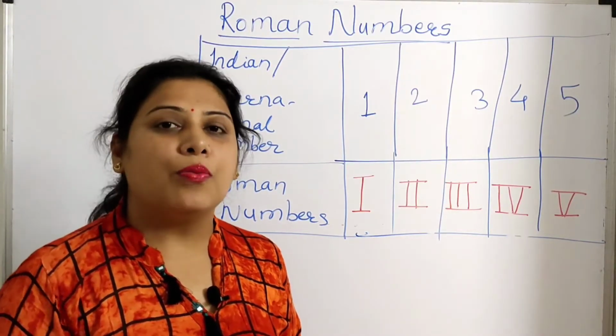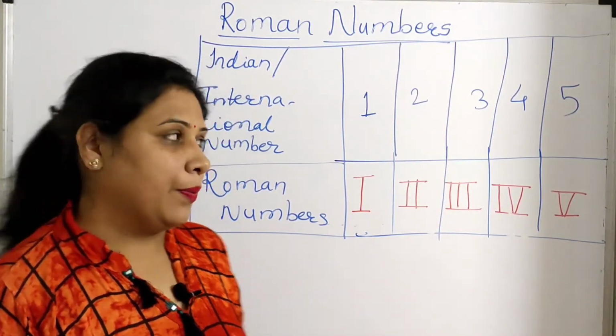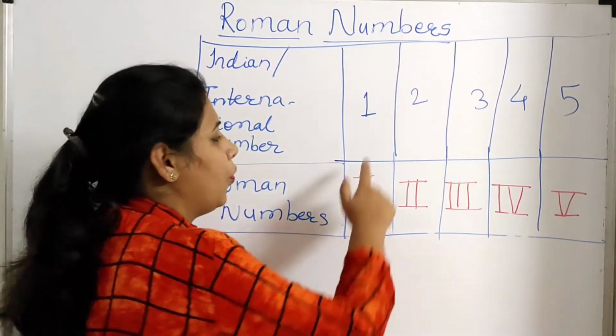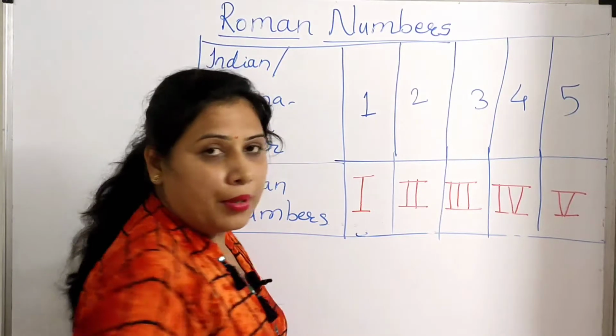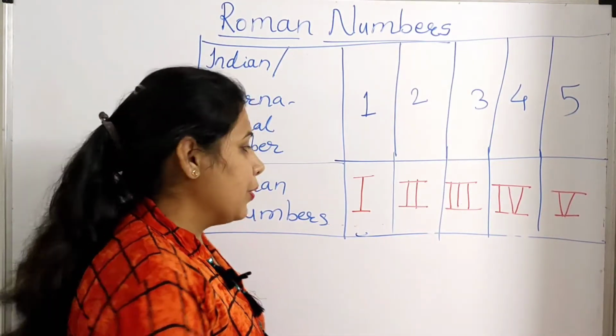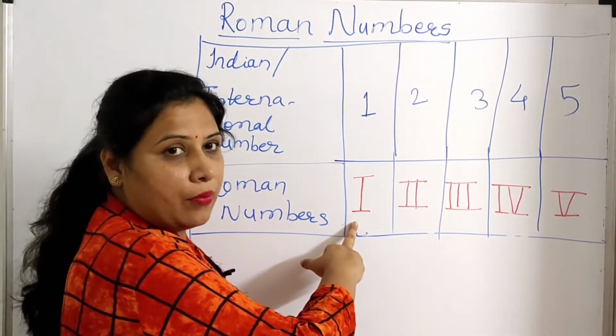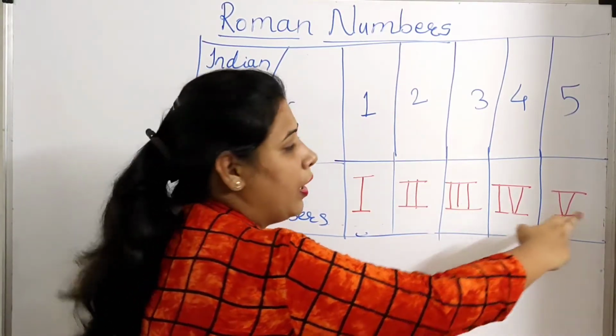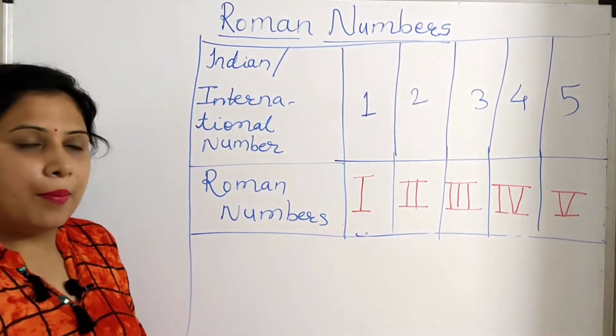Now, I can teach you more from 6 to 10. Once we got the numbers 1, 2, 3, 4, 5, we can start with 6 also. So, this is 1, that is a capital I, and 2, 3, 4 and 5 in the Roman numbers.